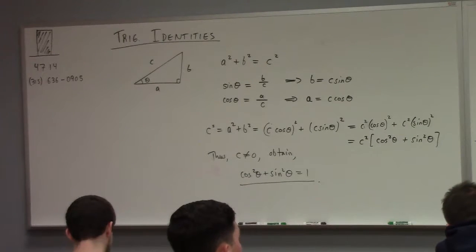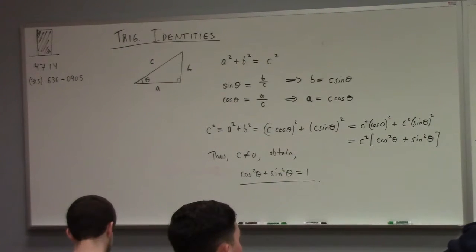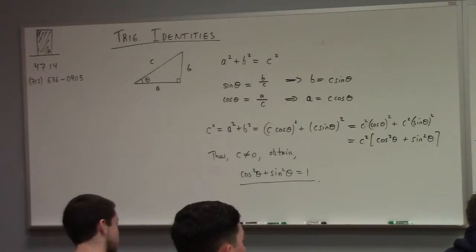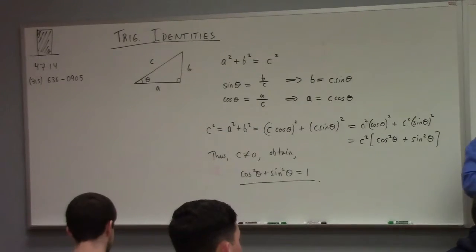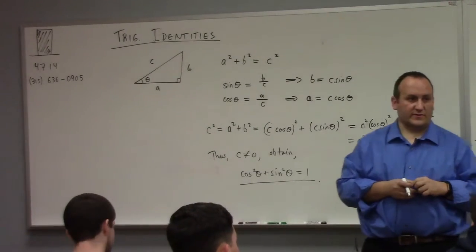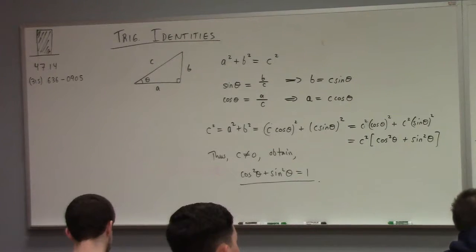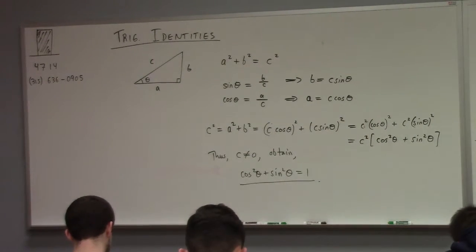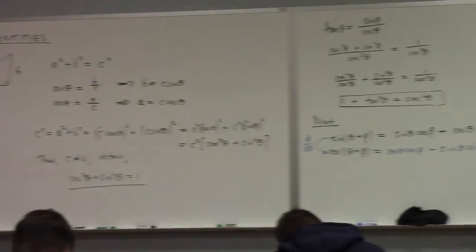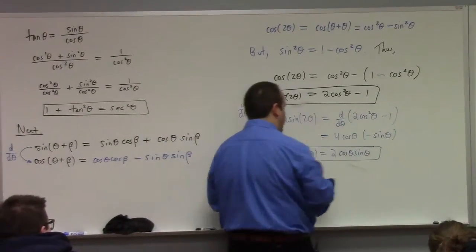We get a 4 cosine theta times minus sine theta. So what's this? Oh, check it out. So what we have then is that sine of 2 theta is 2 cosine theta sine theta, if you like. Here is another trig identity, which is often useful.